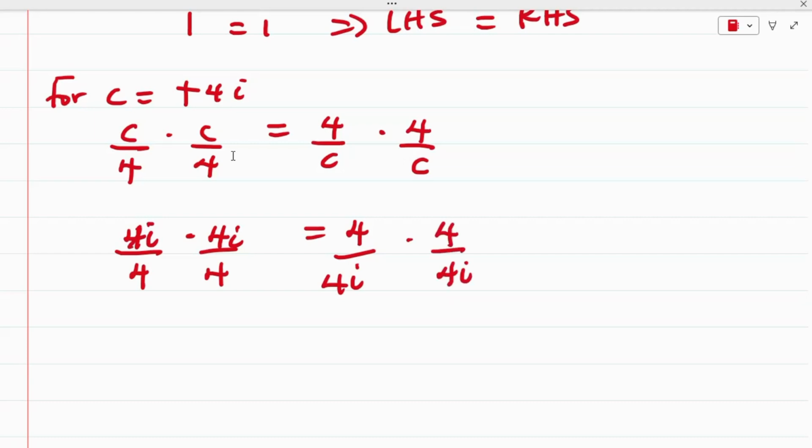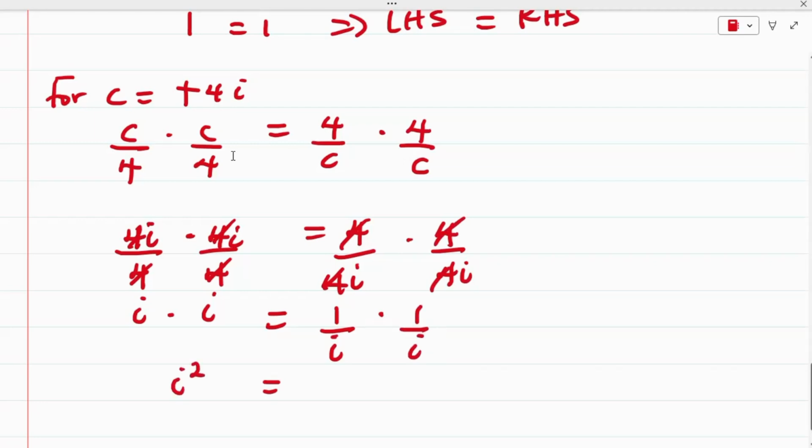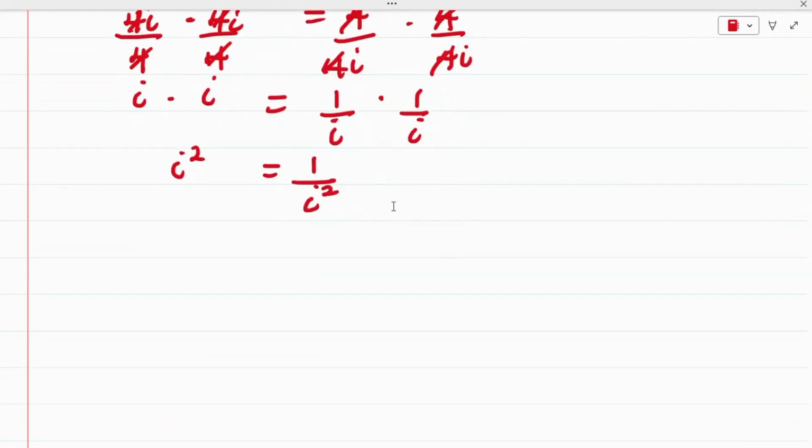So this cancels out this, we have i multiply i, which is equal to 1 over i multiply 1 over i. And i multiply i is i square, which is equal to 1 multiply 1 is 1 over i square, and this is equal to negative 1 is equal to negative 1. So the left hand side is equal to the right hand side.